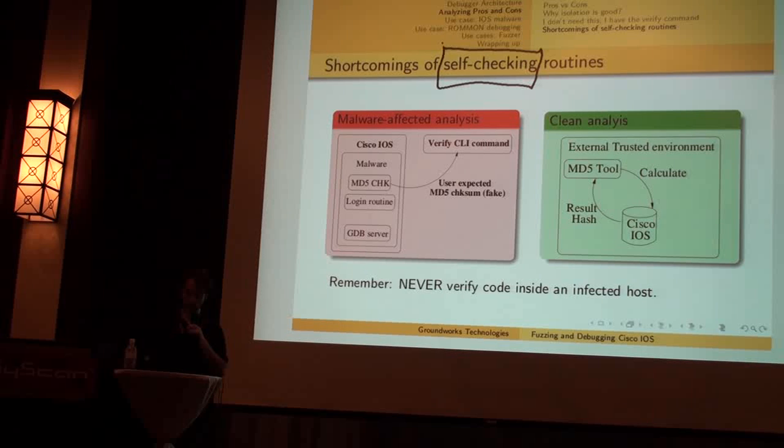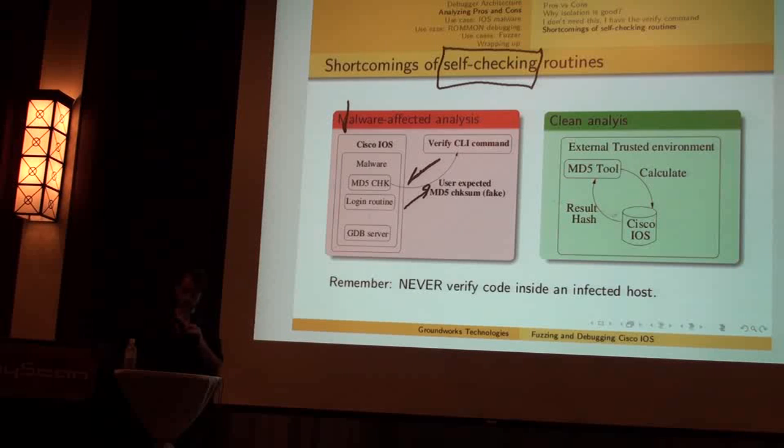Basically, well, there you have it. This is a malware controller from SyScan'11. And of course, you will ask the firmware to verify itself, and it will say, okay, I am perfect. It will return an MD5 checksum. That's what you actually use. And it's fake because it's controlled by malware.